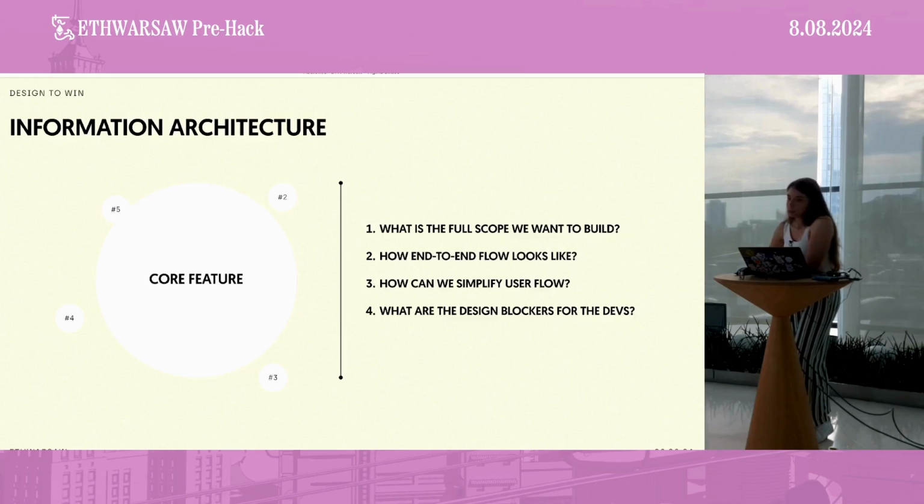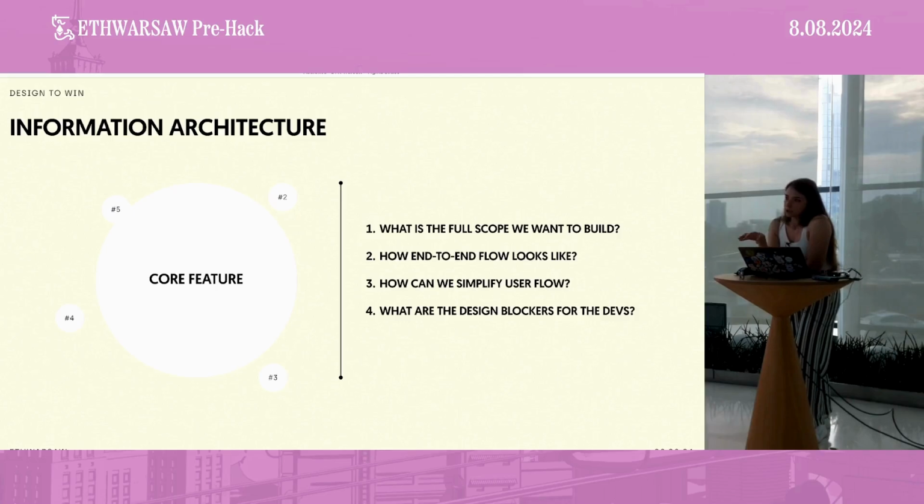And last but not least, what are the design blockers for the devs? Kartik also said that you should start development from the hardest feature, and this touches on it, because your devs, or whoever will be coding it, it may be you, you usually want to start designing your UI also from the hardest part during the hackathon, because when you do product design, you start from the connect wallet, whatever, some different states for the transactions.